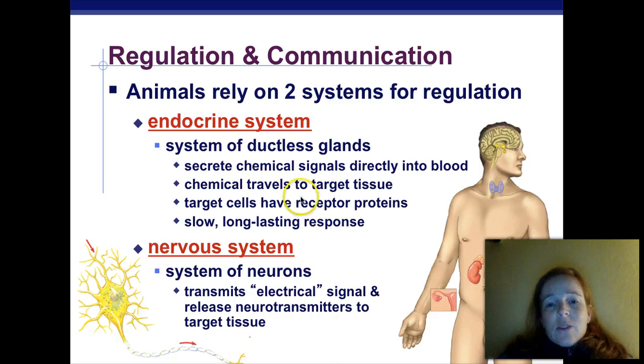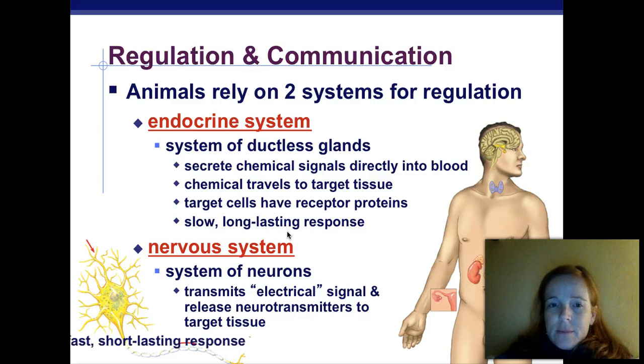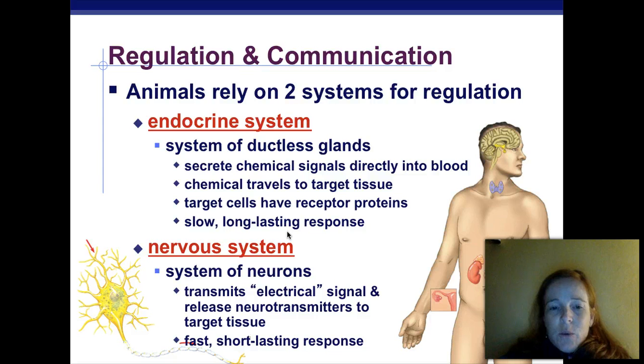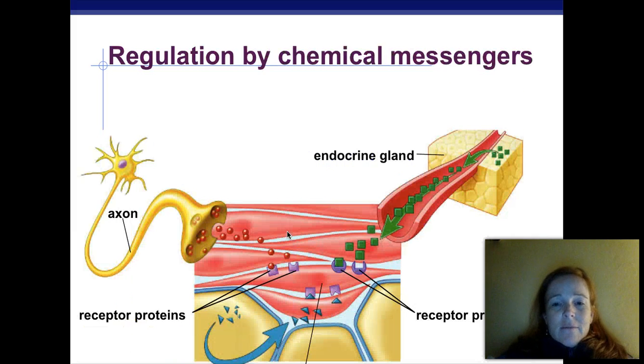And with the endocrine system, we are not requiring this kind of traveling. We are not requiring action potentials. We are going right to the tissue. So the nervous system is a fast and short-lasting response, whereas the endocrine system is slow and long-lasting. And that's a significant difference. But both are about regulation.